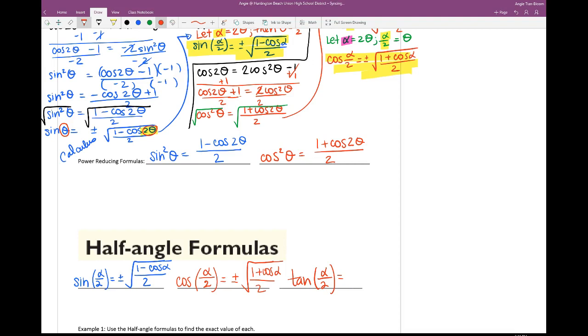So when the denominator 2 cancels out, I will now have plus or minus big radical, okay, sine on the top, so that's going to be 1 minus cosine of alpha all over cosine on the bottom, 1 plus cosine of alpha. And guess what? Do you need to memorize these? Yep, okay. Memorize. Okay, so these are the identities that now you need to know.